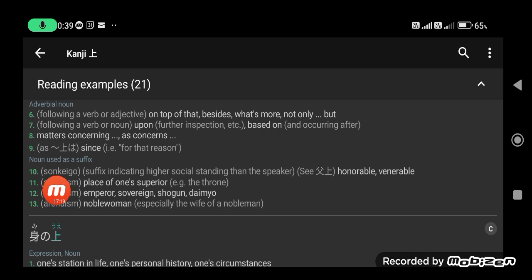But it's very seldom that you will adapt or use this. But this sonkeigo, or the respectful way of speaking Japanese, the ue is being used as a suffix to indicate higher social standing than the speaker, when the speaker is of lower stature than the second person he or she addresses.